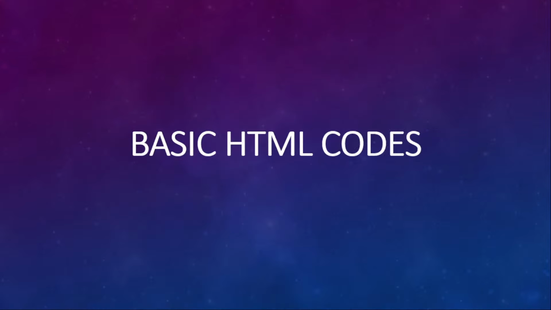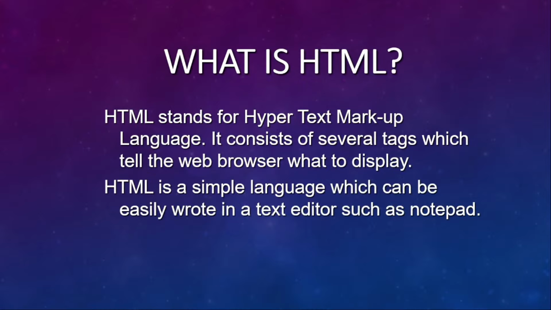Now, basic HTML code. What is HTML? You already know. HTML is hypertext markup language. It consists of several tags which tell the web browser what to display. HTML is a simple language which can be easily written in a text editor such as Notepad.